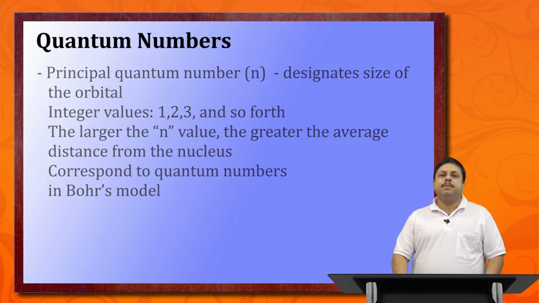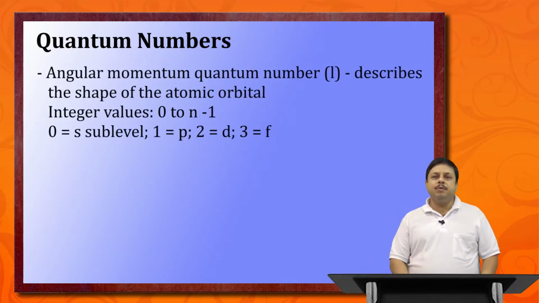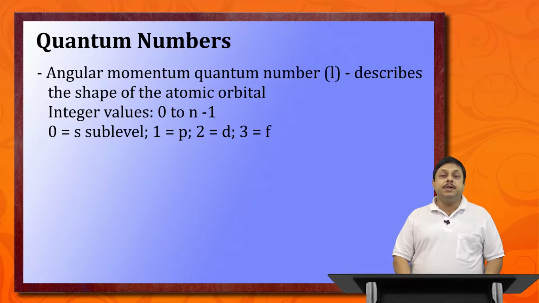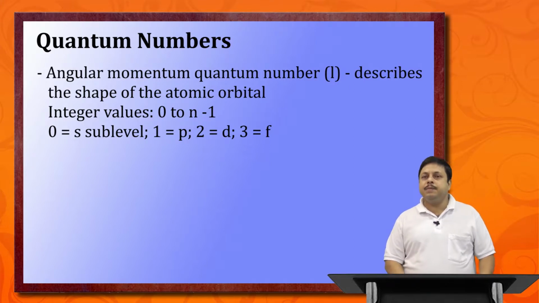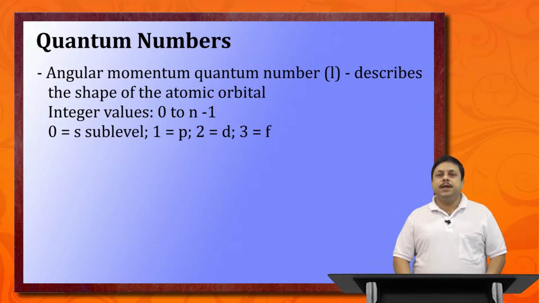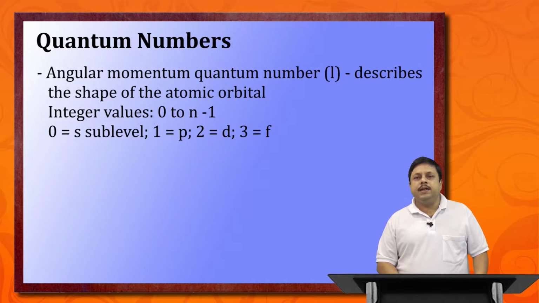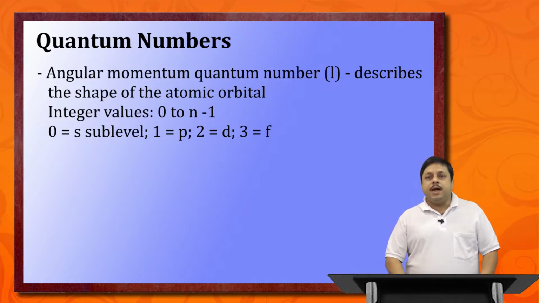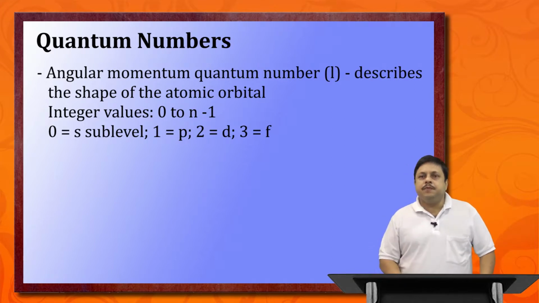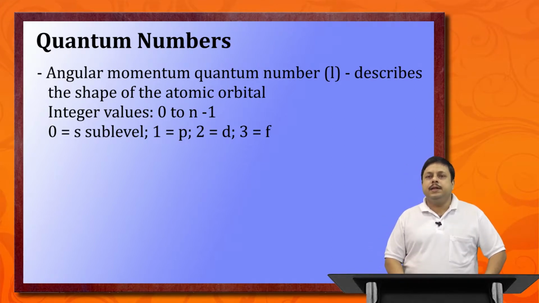The second quantum number is the orbital angular momentum quantum number L, which describes the shape of the atomic orbital. It can have integer values starting from 0 and going up to n minus 1. So if n is 3, then it can have values 0, 1 and 2. Associated with every such value of L, we associate a definite shape and a definite letter.